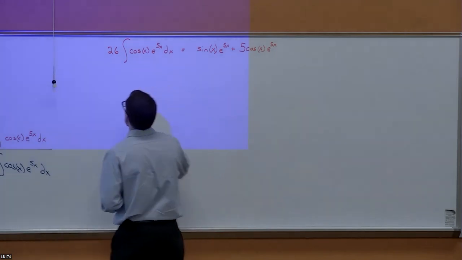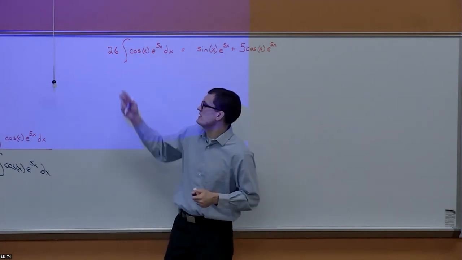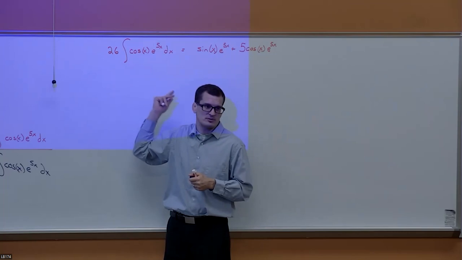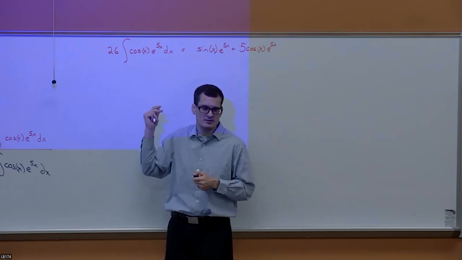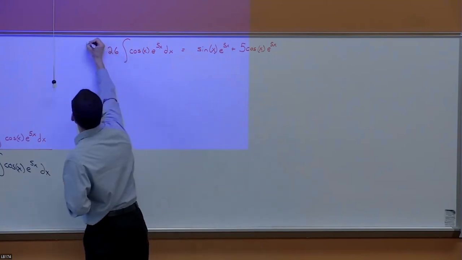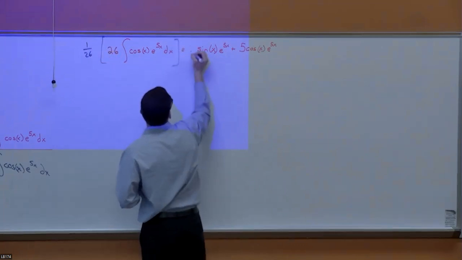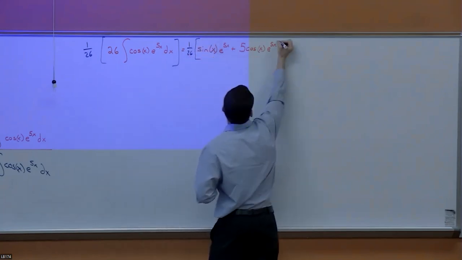And then what I like to do is, because oftentimes you end up with ugly fractions up here, I just get used to multiplying by the reciprocal on both sides rather than dividing by 26 on both sides. So when I write this, I'll just write, let's multiply by 1 over 26 on the left-hand side, multiply by 1 over 26 on the right-hand side.